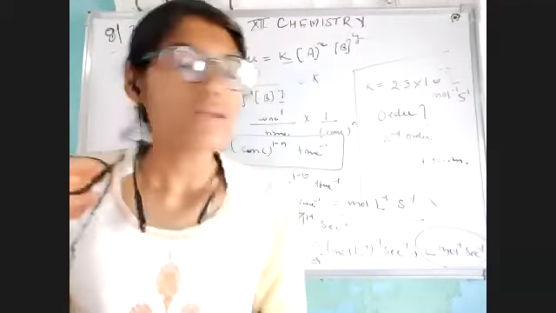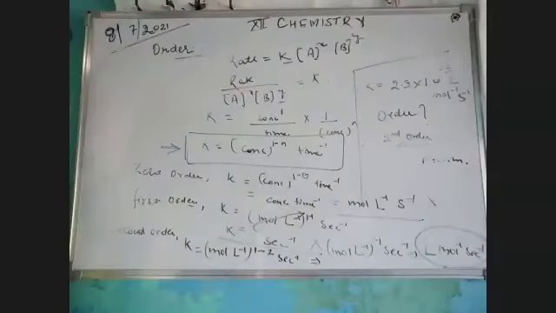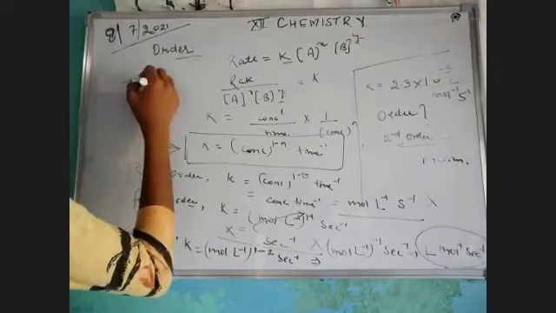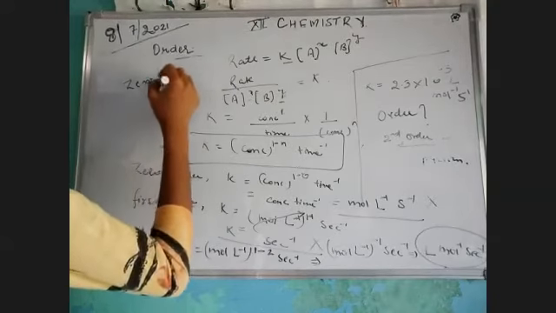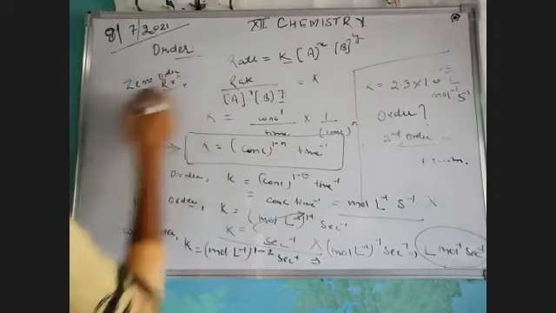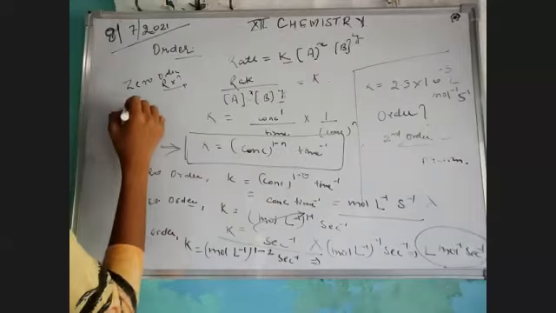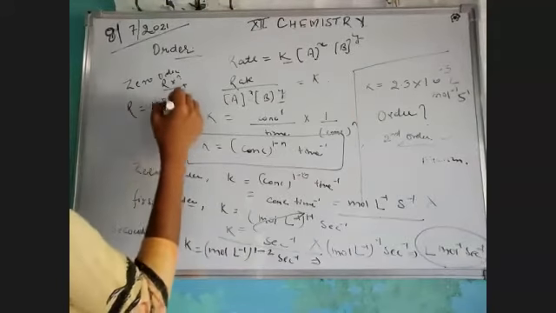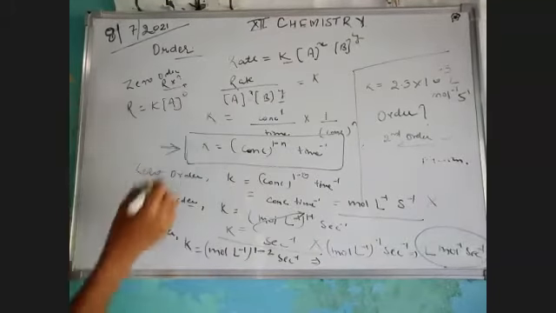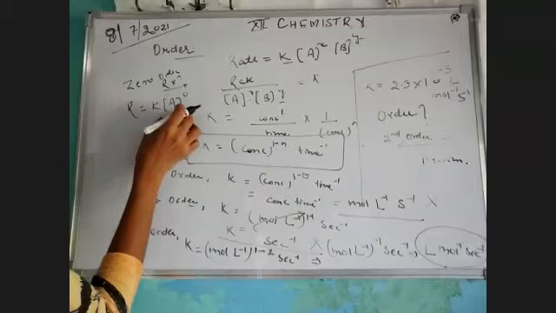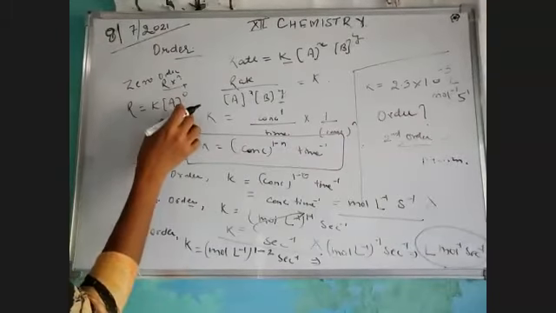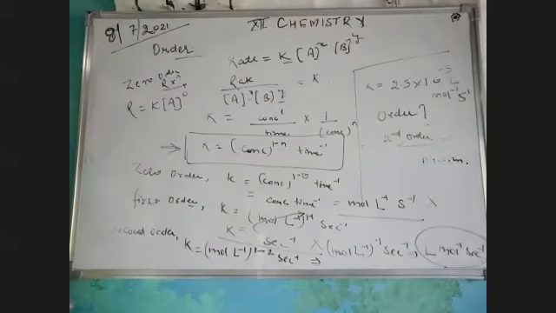For example, I have given you the example of zero order, that means ammonia getting decomposed to N2 plus 3H2. Now the point is, if I'm taking the example of a zero order reaction, the rate is proportional to concentration to the power 0. That means there is no effect of the concentration of the reactant on the rate. Now, what does it mean and how is it even possible?